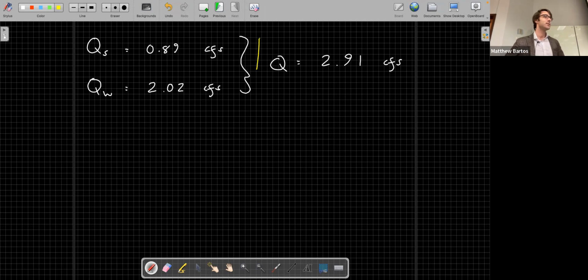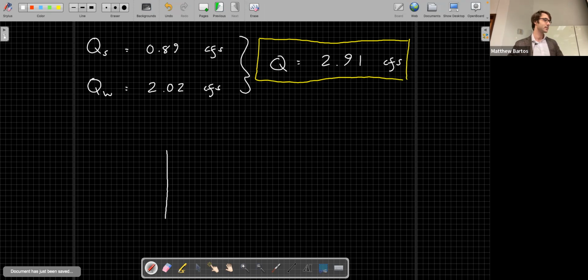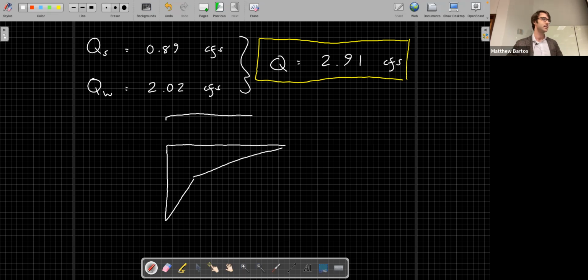Great. So this problem actually illustrates an important point. What are each of these discharges? So what is Q sub W? Let's draw this out. We have that our total spread is 8 feet, right? How much is W?